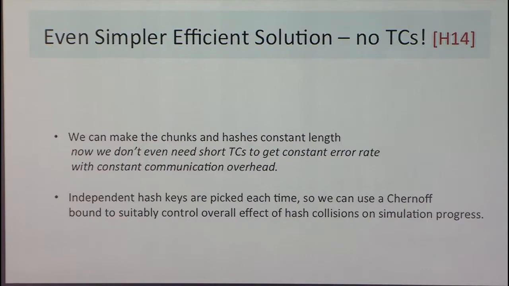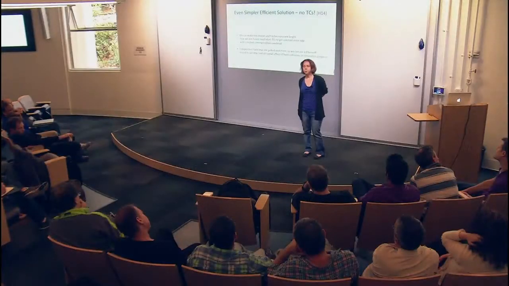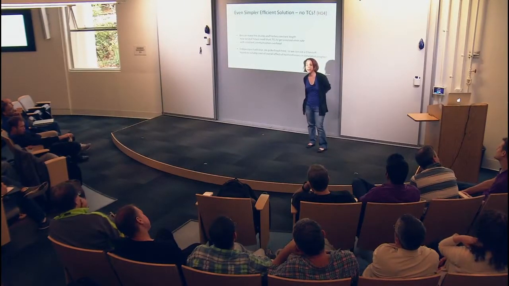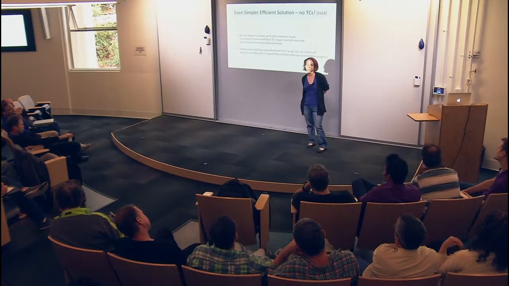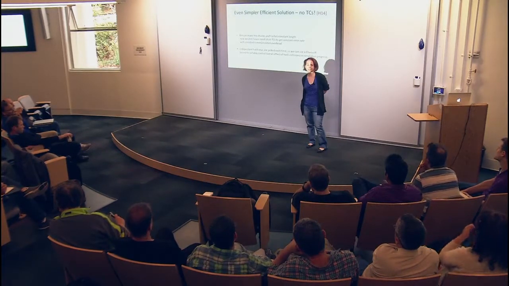Yes? Even if you want the hash as constant size, can the hash key also be made constant size? It will also be constant size because I'm going to allow a constant probability of collision. So you're making everything constant size. And are you implicitly building a tree code, or is it really different? I have thought about that a lot, and I cannot see how to derive a tree code out of these constructions. I think a lot of us would love to see that, and we don't know how.